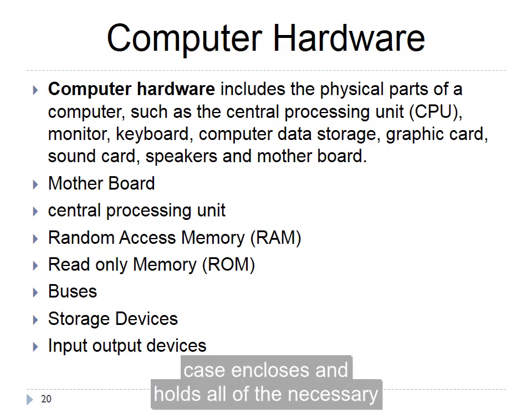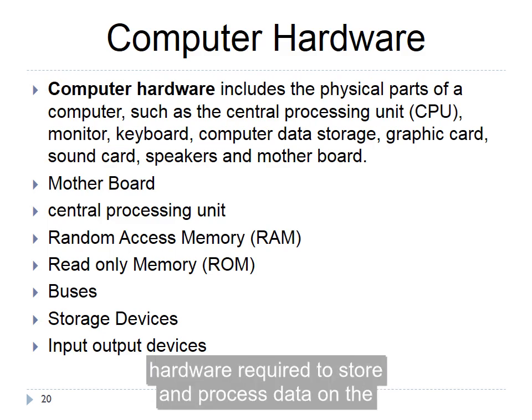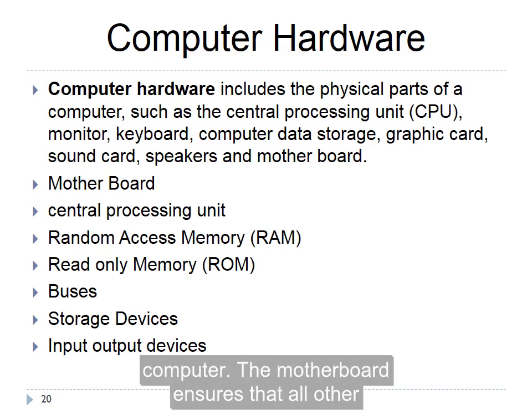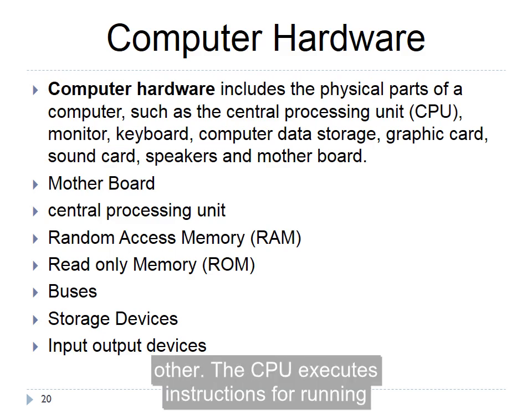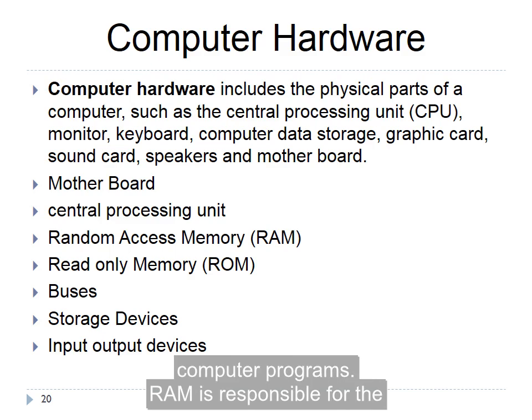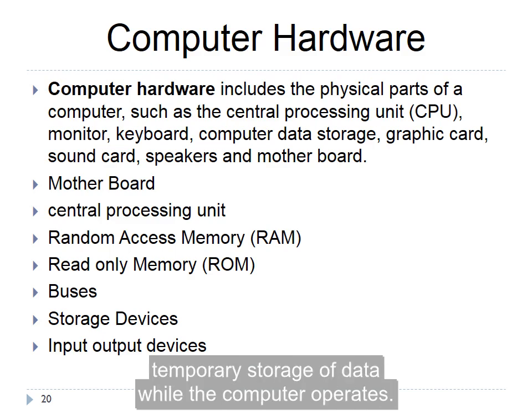The computer case encloses and holds all of the necessary hardware required to store and process data on the computer. The motherboard ensures that all other inner computer hardware communicates with each other. The CPU executes instructions for running computer programs. RAM is responsible for the temporary storage of data while the computer operates.